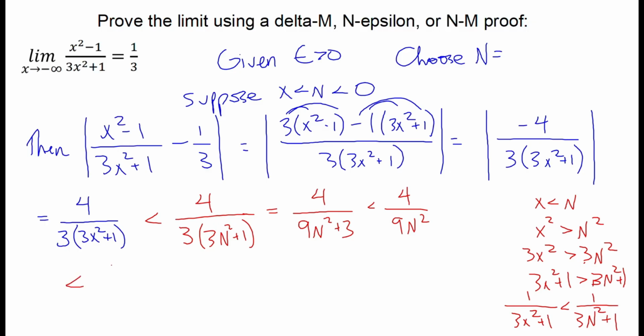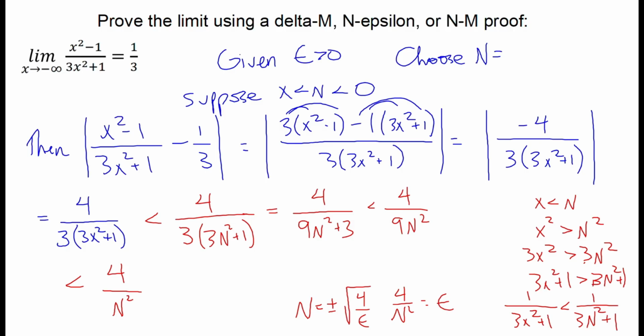So I can say this is less than just 4 over n squared. And so now, that seems simple enough. That's pretty straightforward to deal with. We'll just let 4 over n squared equal our epsilon, which means that n is going to equal the square root, either positive or negative square root, of 4 over epsilon.